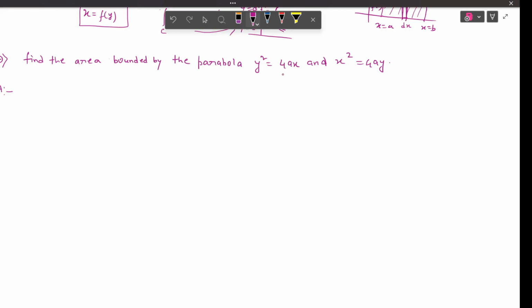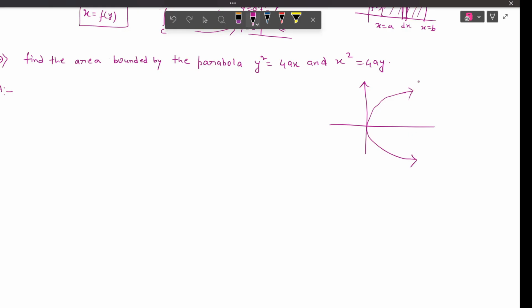In order to solve area bounded by curves, the first thing you need is to draw the curve, because without drawing the curve you cannot solve questions. So here this curve is a parabola passing through origin.